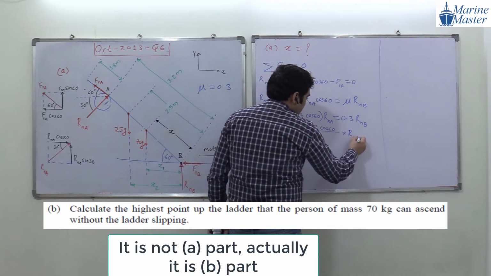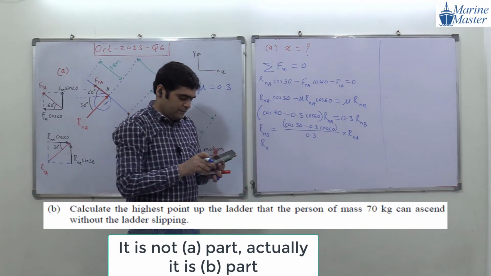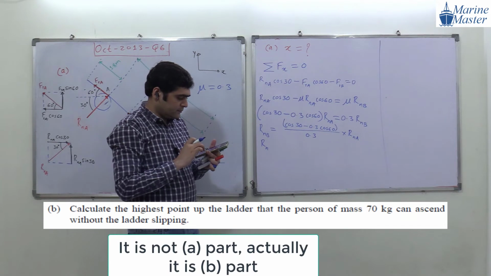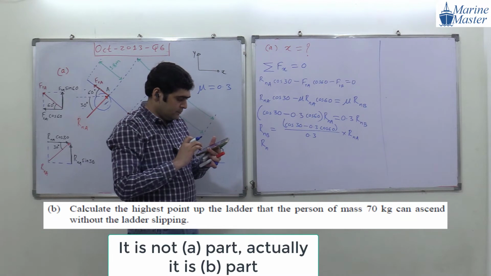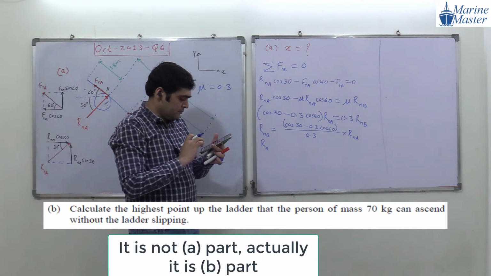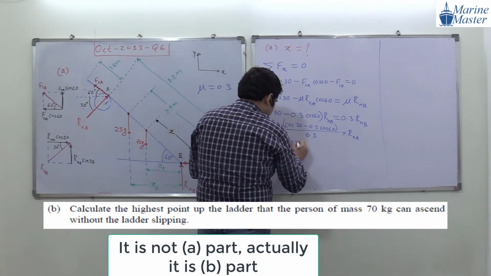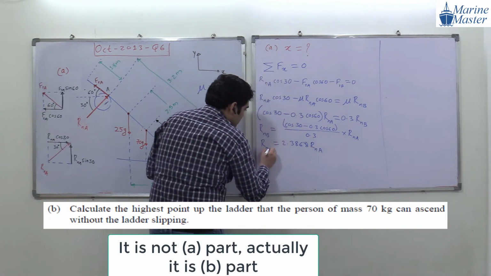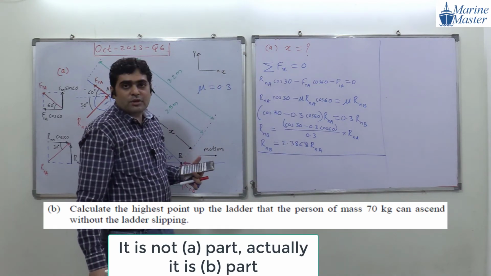So we will get RNB in terms of RNA. Everyone please do this calculation. Correct? 2.3867, or we can take 2.68 RNA. So we got RNB in terms of RNA.